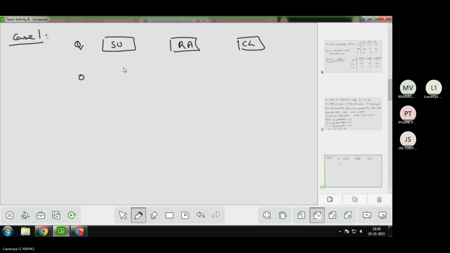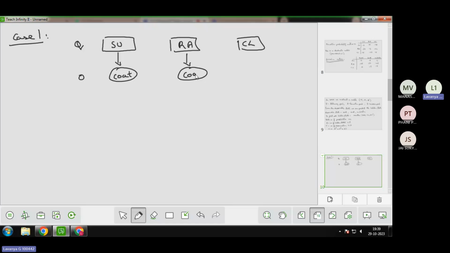Now let us take a first case. Let me analyze case 1. I will have a hidden state and I will have an observable state. In the hidden state, I'm going to have sunny, rainy, and cloudy. From sunny, let me say I'm able to see a coat.